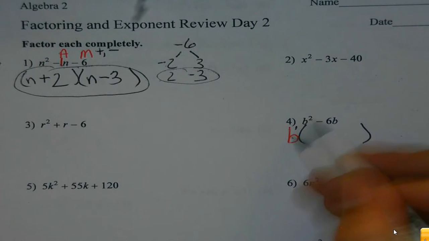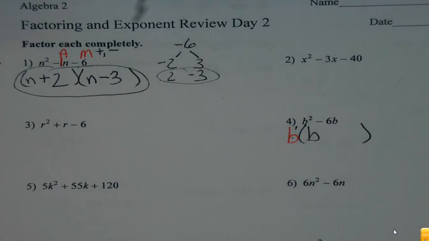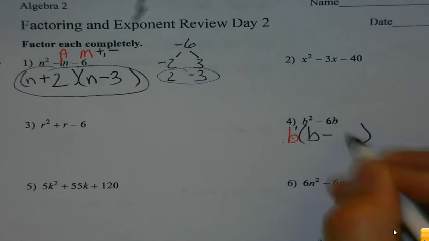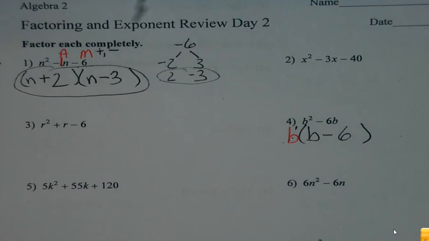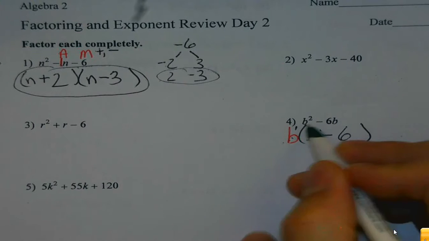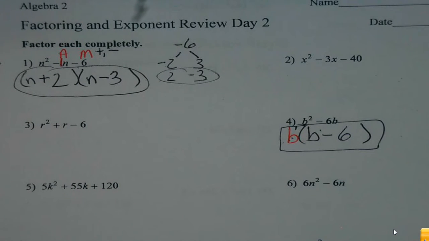I got 1 B, I need 2, so I need another B. I already got the B here, but I need the -6. And again, like we said yesterday, if I factor, and when I look in the parentheses, there's no squared left here, I'm not going to be able to go any further. That's as far as I'm going to be able to make it before I'm to the end.